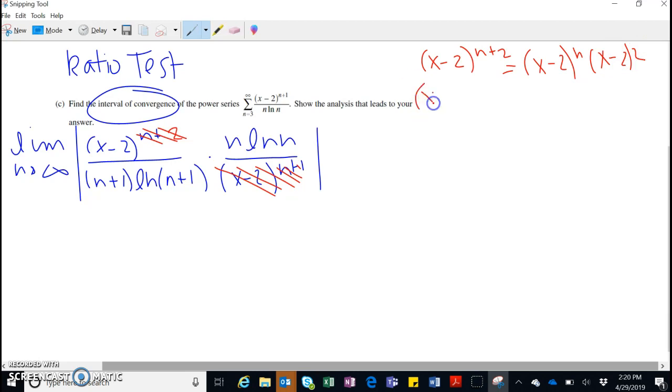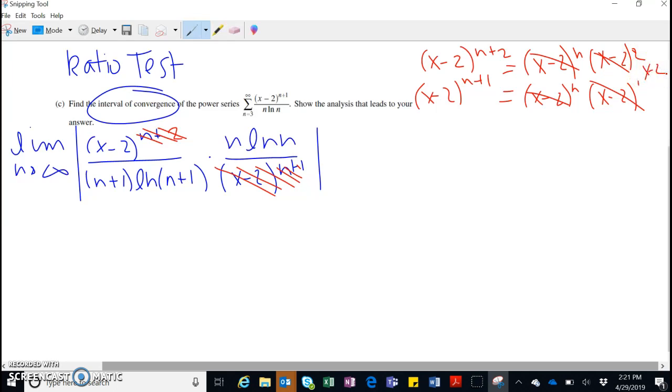And in the bottom, I've got (x minus 2) to the n plus 1, so that's the same as (x minus 2) to the n times (x minus 2) to the 1. When it's written like this, you can see a little bit more clearly how a lot of this stuff cancels out and leaves me with just a single x minus 2 on top.